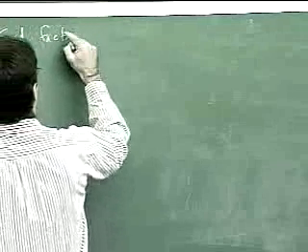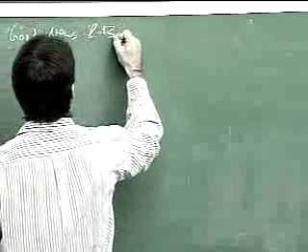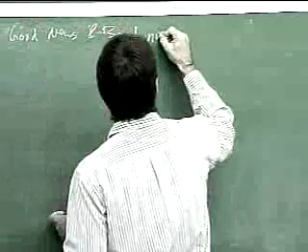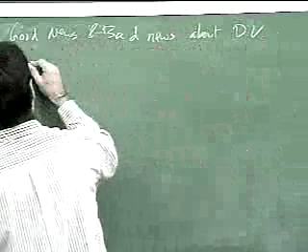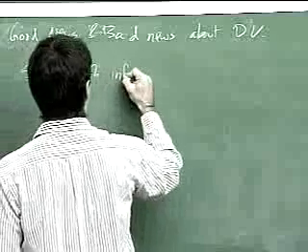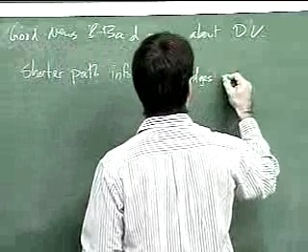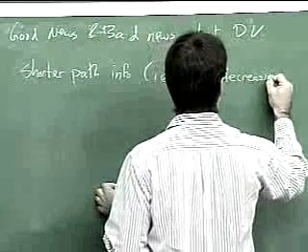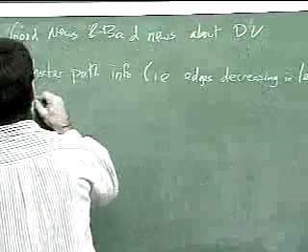Okay. Here's a sad fact about the distance vector. Well, I guess I should say good news and bad news about the distance vector. Shorter path information, edges decreasing in length, propagates quickly.